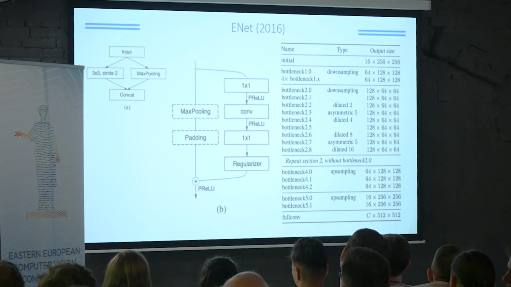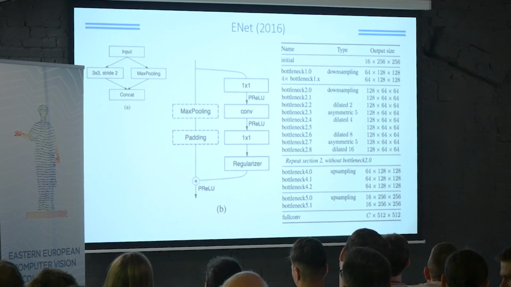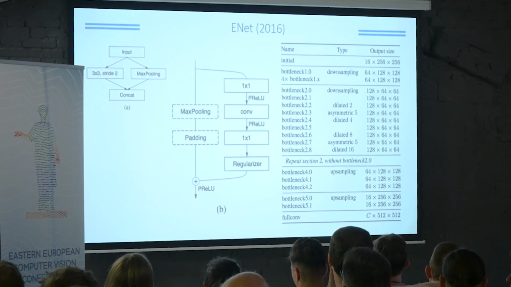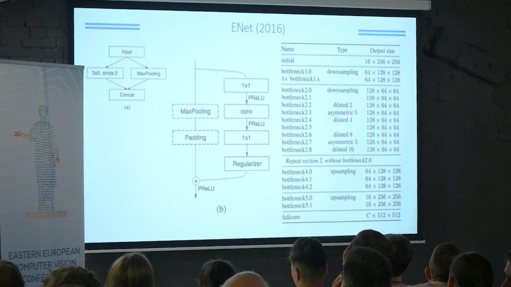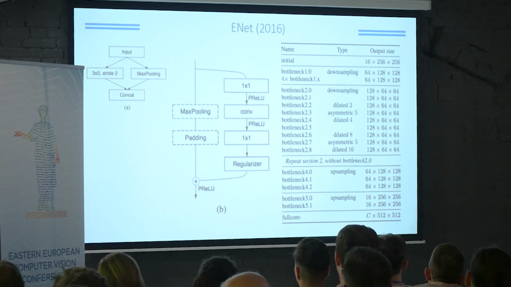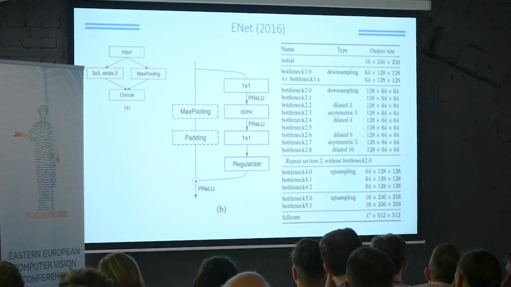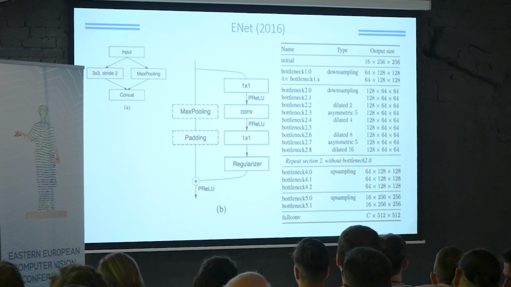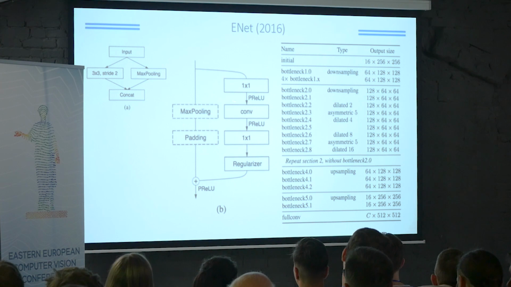They perform 1x1 convolution that compresses input channels by a factor of 8. Then they do convolutions, and they have 1x1 expanding convolution to the initial number of channels. And they also used PReLUs everywhere. It's parametric ReLU.